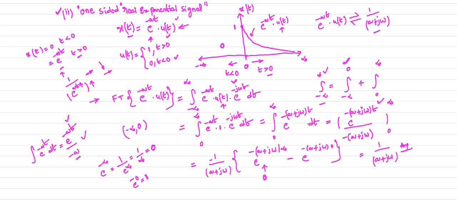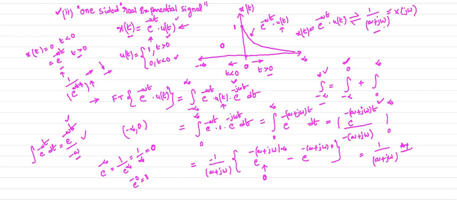So this is your answer. That is your x of j omega. I can take x of t is e power minus at into u of t. So this is your x of j omega. If I consider here x of t is like this, this is your x of t and this is your x of j omega.